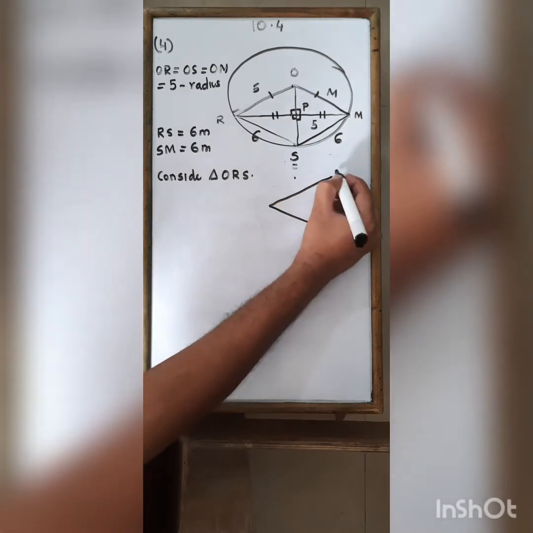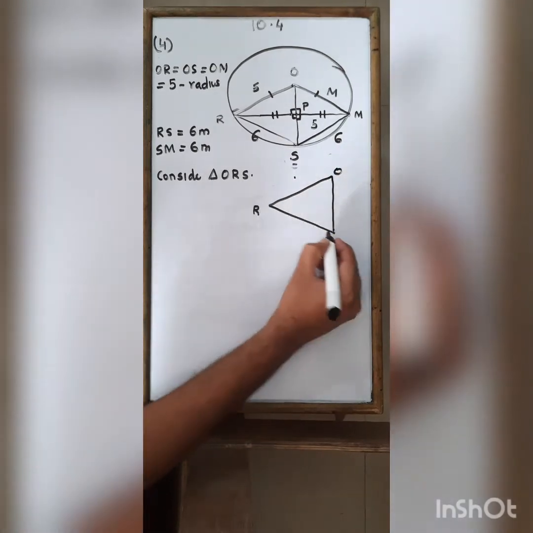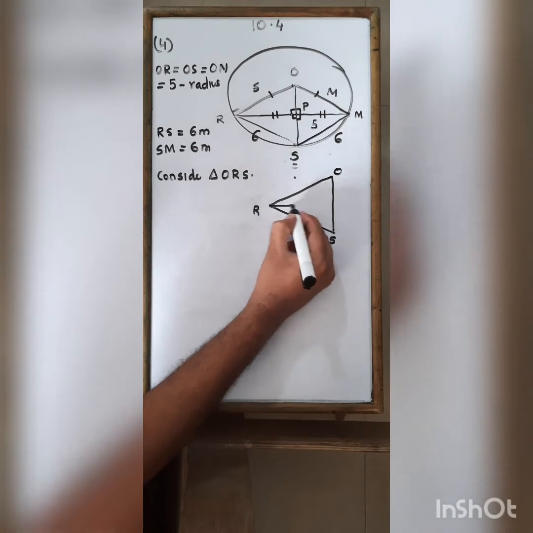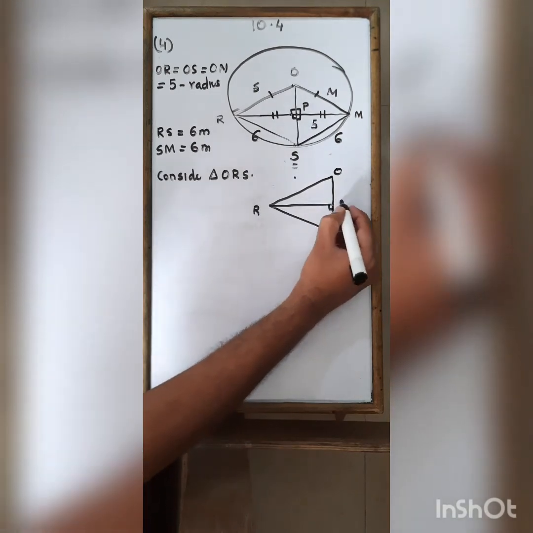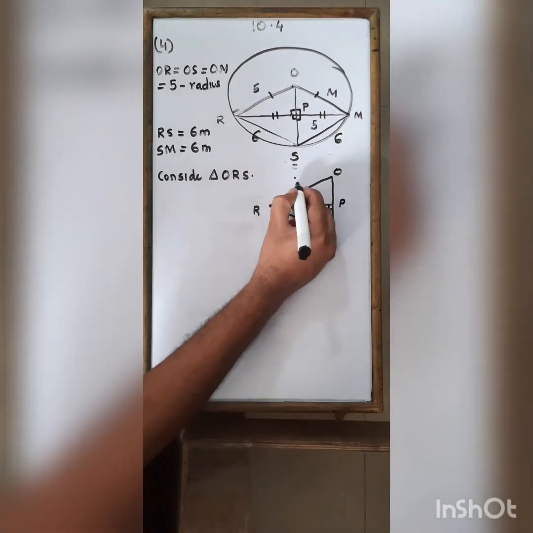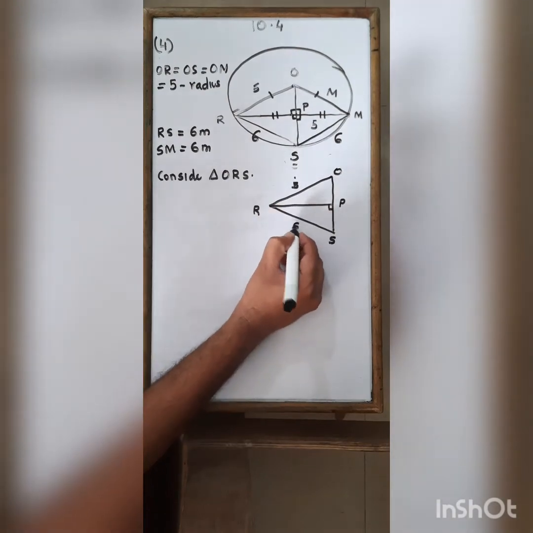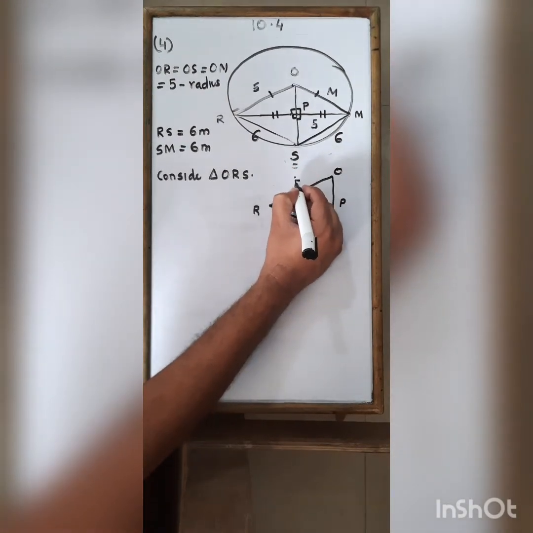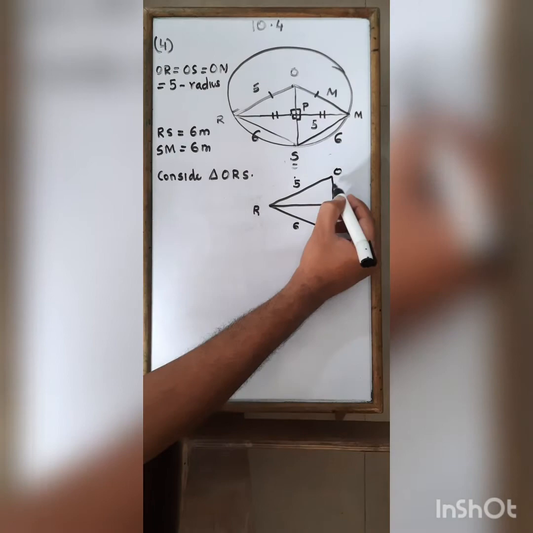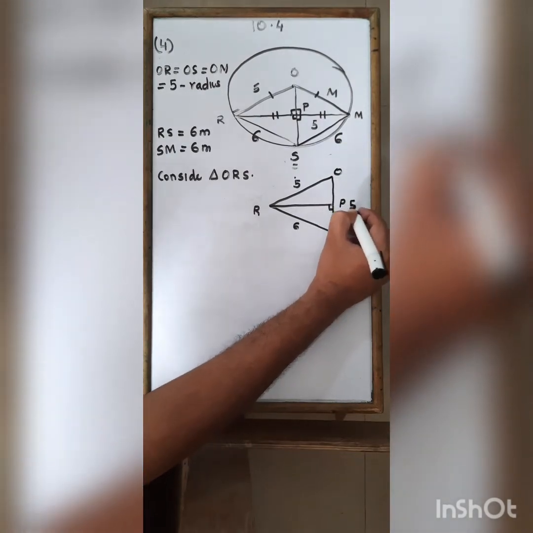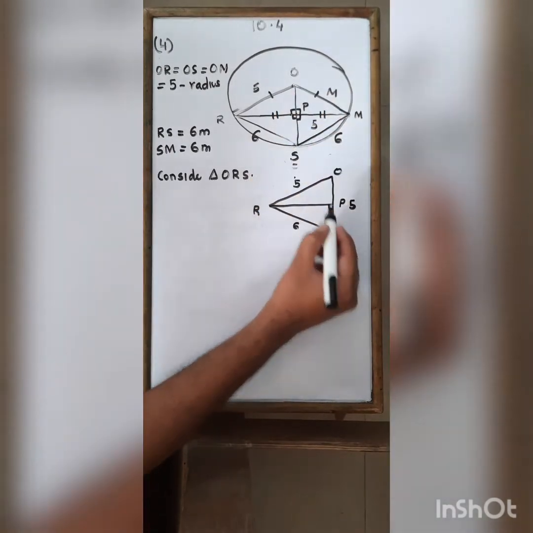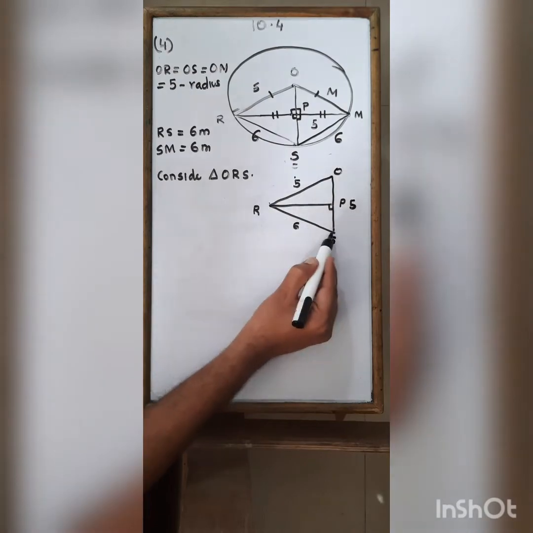This is O, this is R, this is S. From here I have this perpendicular and this is P. OS is 5, OR is 5, and RS is 6.